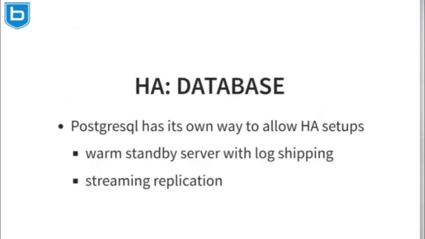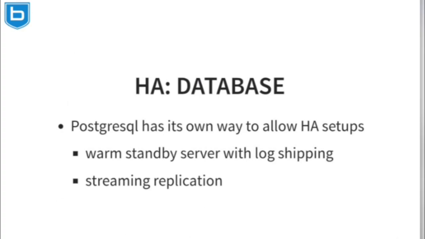The second, more interesting part is the database. But as we do have PostgreSQL as the database engine, we can just use the well-known and well-working mechanisms that PostgreSQL offers to have a secondary database that gets updated automatically with everything that happens on the primary database. There are two options currently, as far as I know.